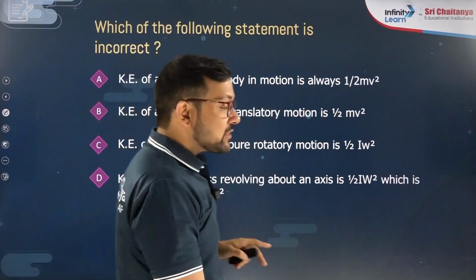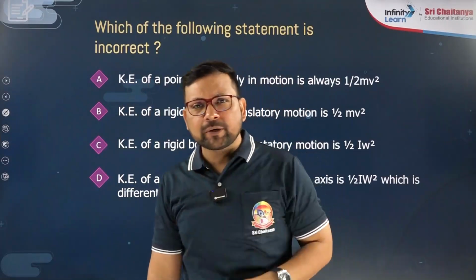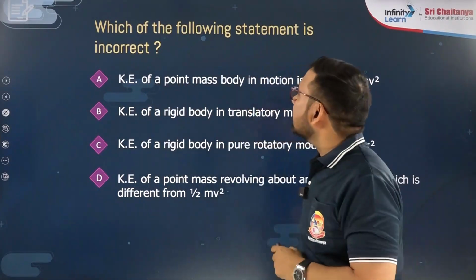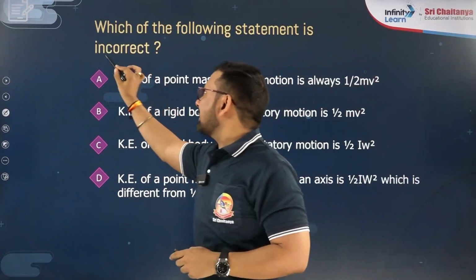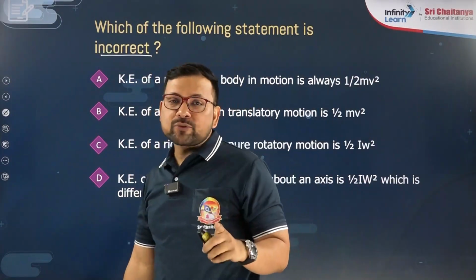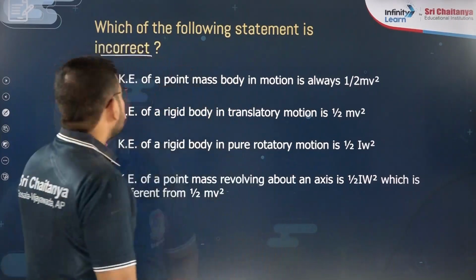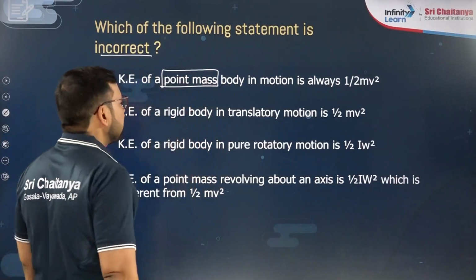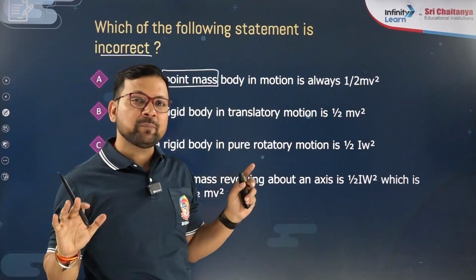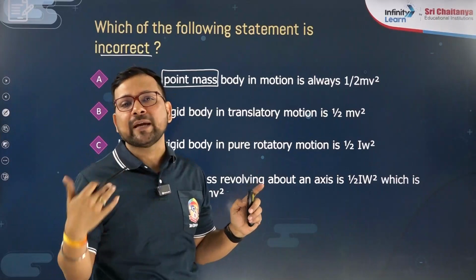That is a theory type question. In recent NEET, very important theoretical questions are making quite an impact. Which of the following statements is incorrect? We will tick the option that we feel is wrong. Kinetic energy of a point mass: as I see point mass, my mind is full of translatory motion, because a point mass cannot rotate.